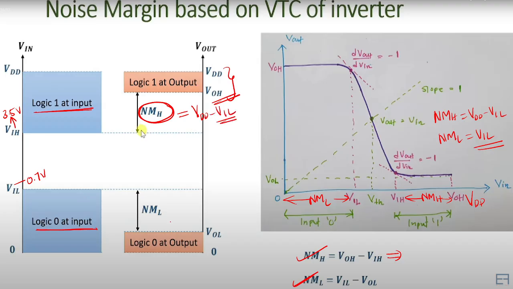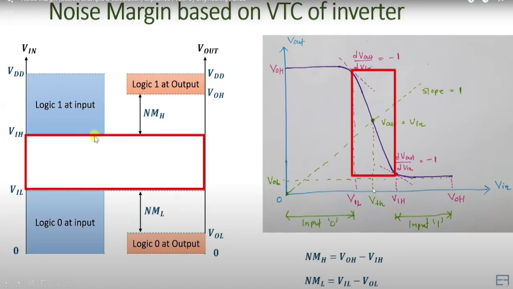Next, if you apply logic 1 to the inverter, you get logic 0, and that difference is the noise margin low. This is noise margin high and noise margin low, where VOL minus 0 means you get VOL only. So this is the noise margin based on the VTC, the voltage transfer characteristics of the inverter.